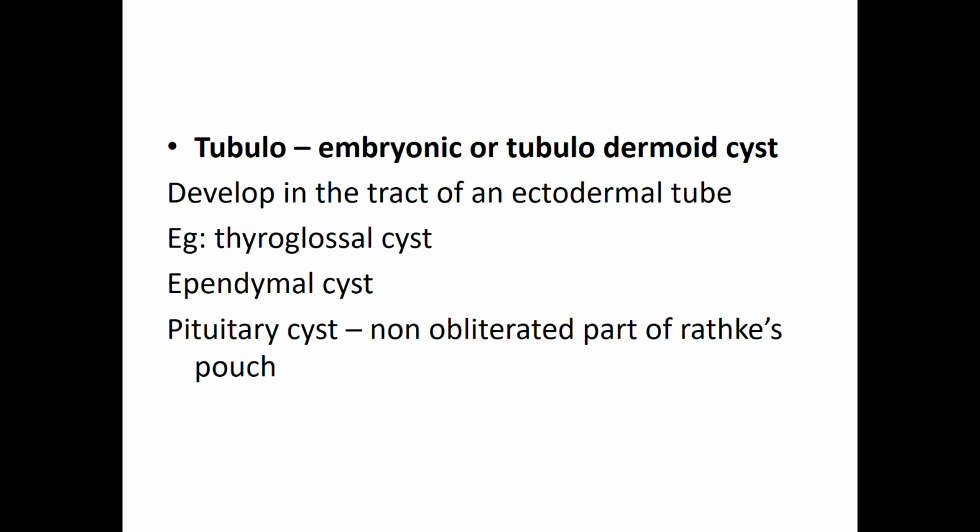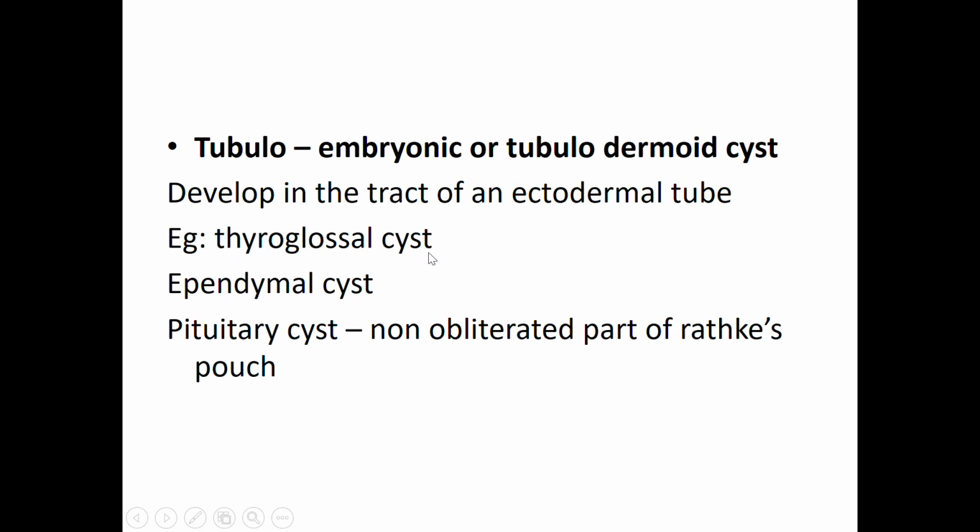Now we know that the thyroid is actually present in the throat or in the neck, in the anterior neck. So if the thyroid gland has to come to its original position in the neck, it has to travel down from the tongue to the throat, and for that there is a passage or a tube. This is called the thyroglossal tube.